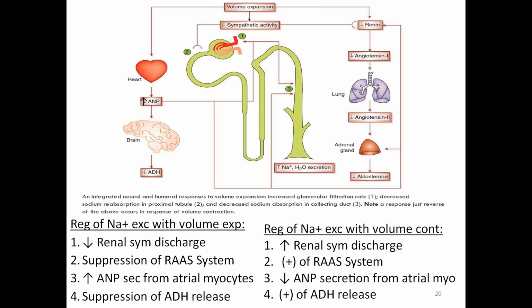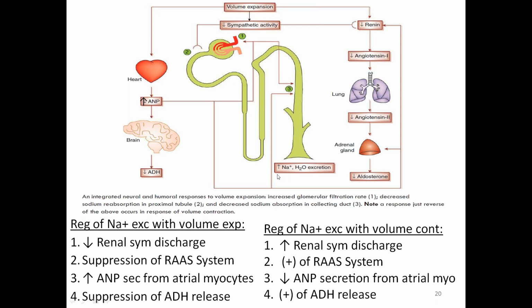They can occur following excessive salt intake or in case there is excessive administration of IV saline, right? Now, this increase in volume expansion is detected by vascular volume receptors that we spoke about earlier, and that initiates a response that ultimately leads to sodium excretion.